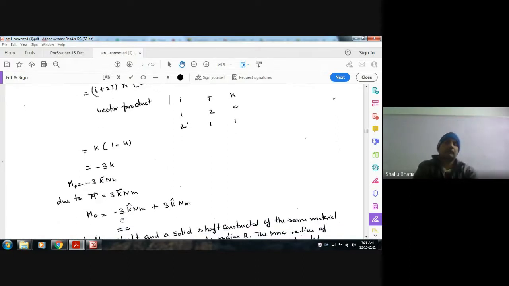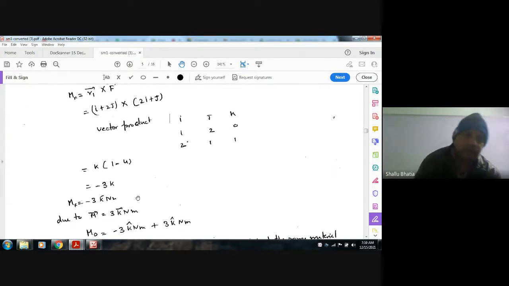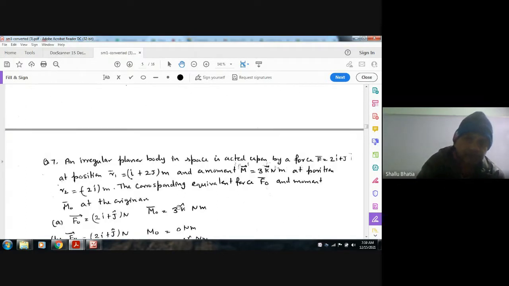The moment acting at any point will be transferred as the same as that value. So at the origin it is minus 3, and due to M it is 3k newton meter. So the total other moment is also given. So this is the moment, 3k newton meter, and from the cross product of this we are getting minus 3k.